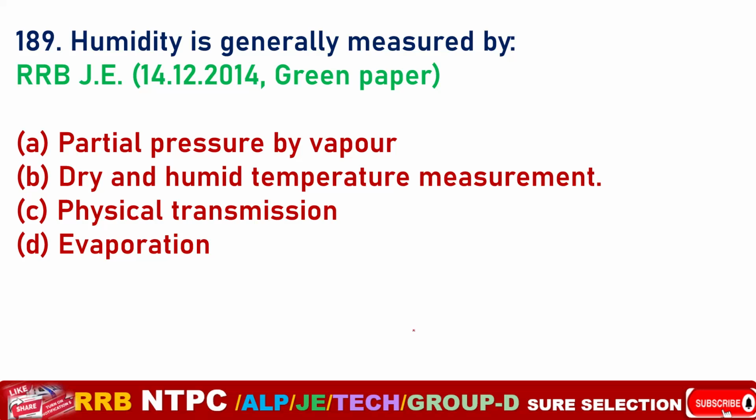Humidity is generally measured by... As we know, our next chapter is chapter 7, humidity and rainfall. Humidity is generally measured by dry and wet bulb temperature measurement.